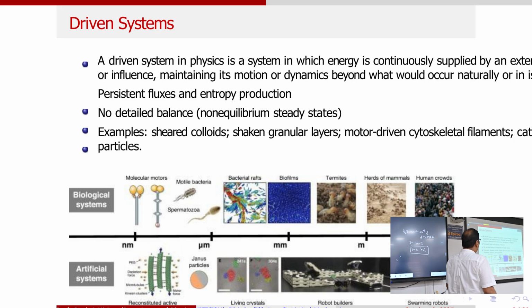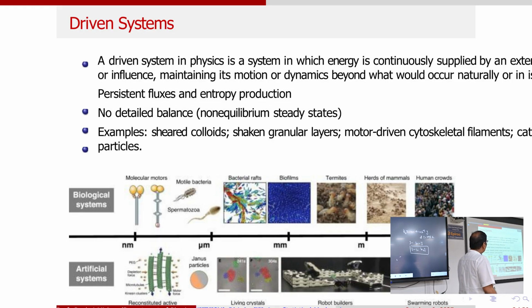Driven systems, in physics, are systems in which energy is continuously supplied by an external force or influence. For example, a car which is moving, the energy is coming from burning the fuel. Or we put a metal bar in a hot oven. We are supplying heat energy at one end, and we see a temperature gradient from one end to the other, which is quite natural.